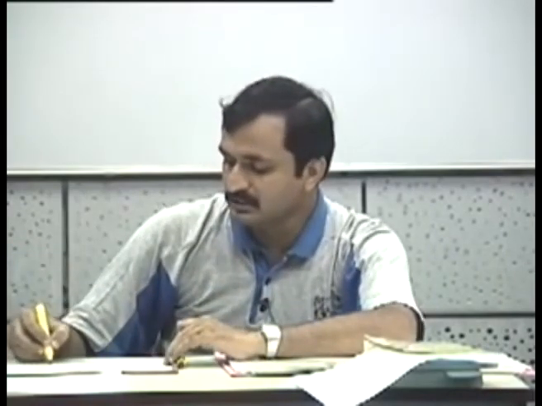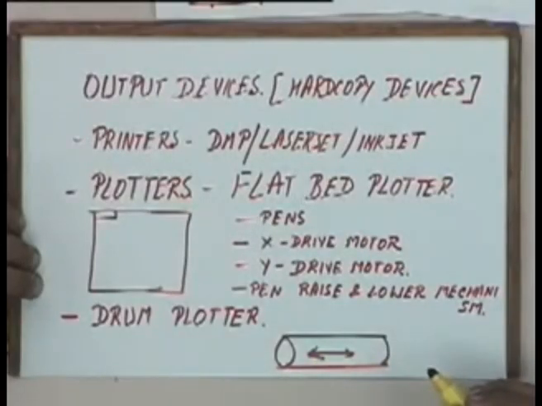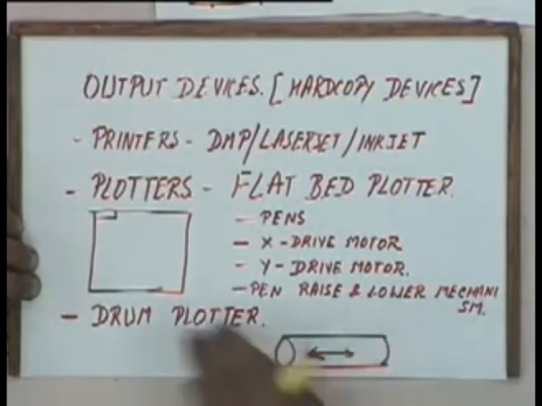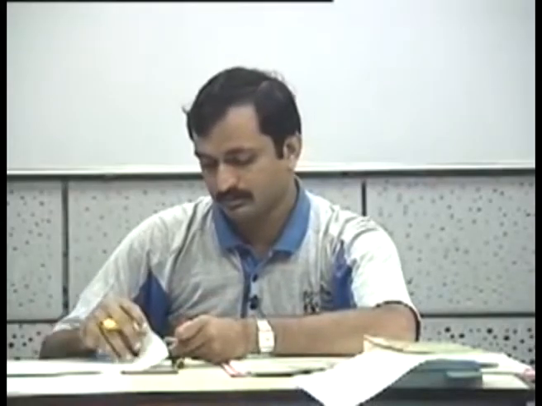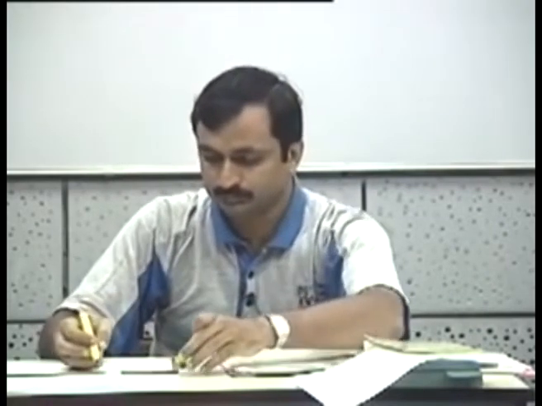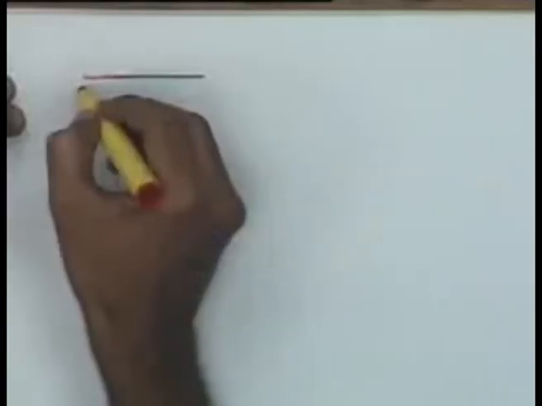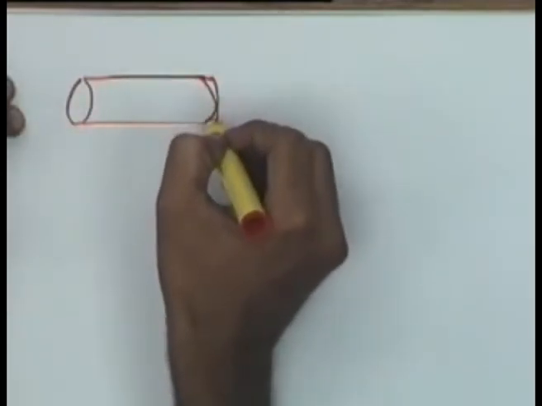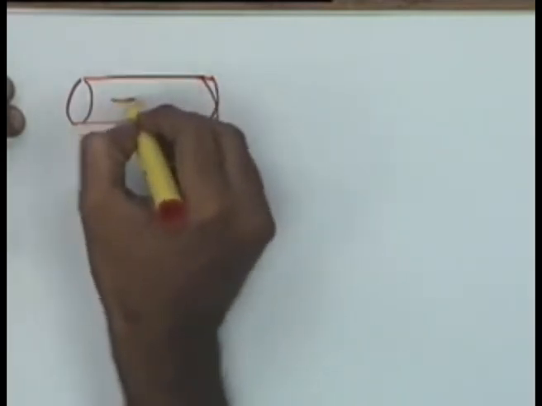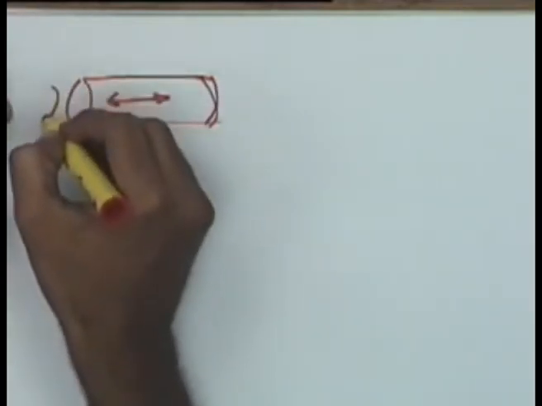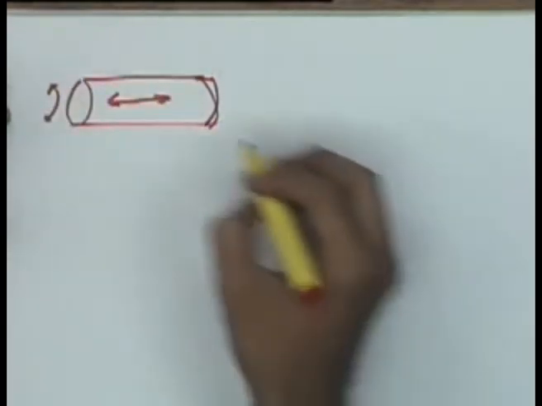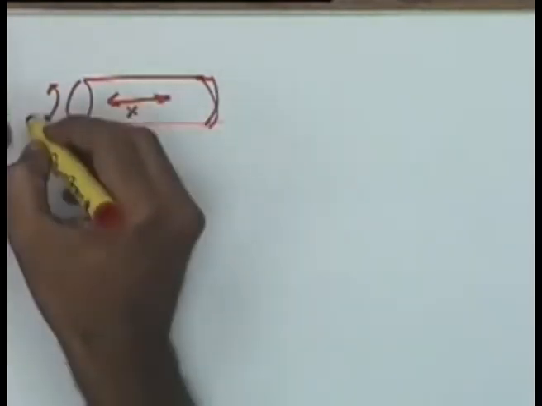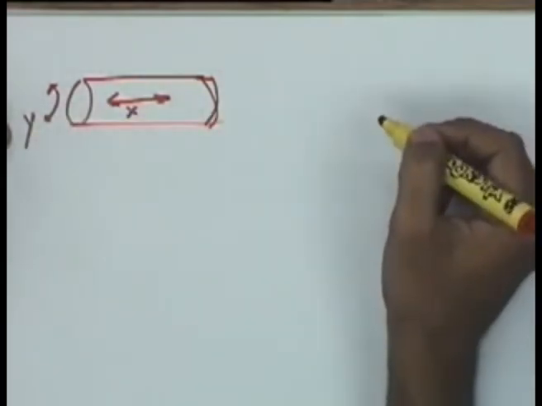So by the rotation of the drum, we get the motion in the y direction, and the pens can move in this direction. So the pens move in this direction and the drum moves in this direction. This gives the x direction motion, and this gives the y direction motion.